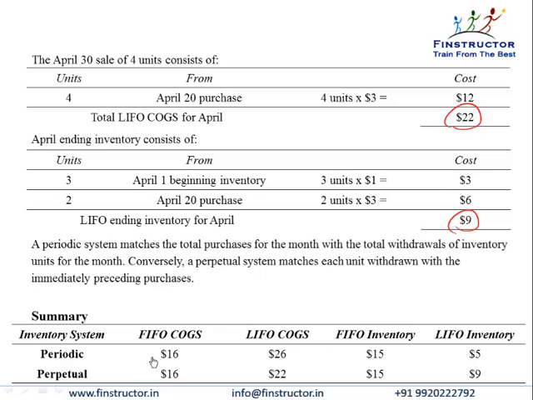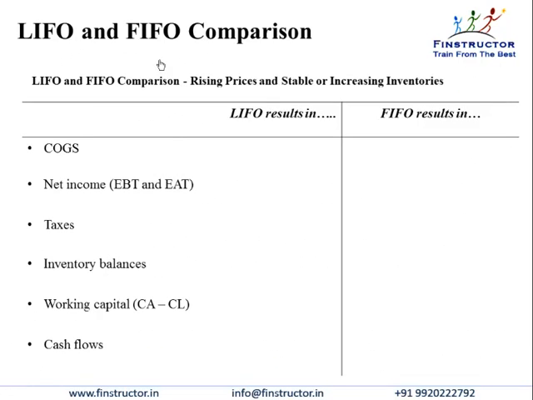So we see that the FIFO calculation is the same for the periodic and perpetual, whereas the LIFO differs, as we just checked. So let's see what impact would the choice of inventory method have on the income statement and the balance sheet. And the assumption here is that prices are rising. So we are in an inflationary environment and inventories are stable or increasing.